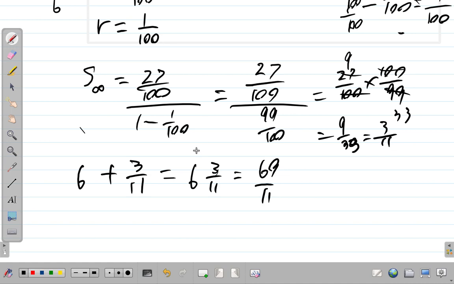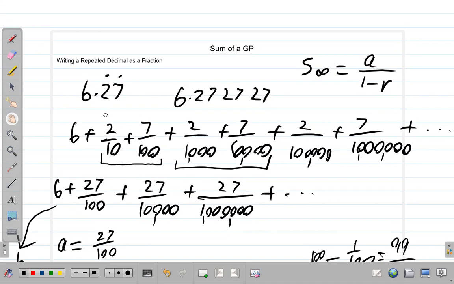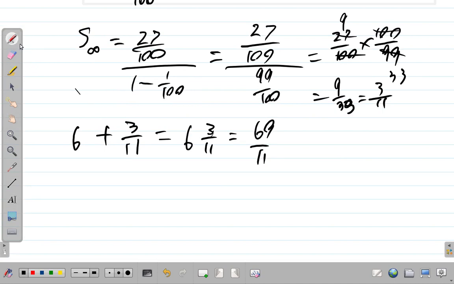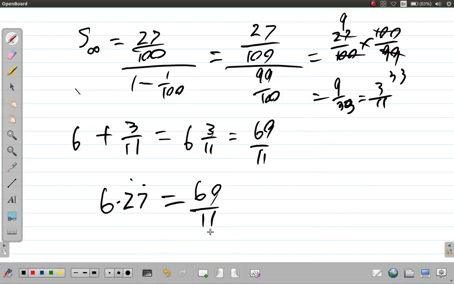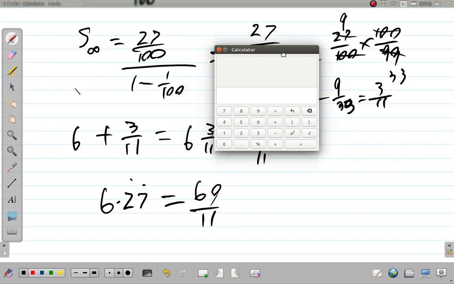So, therefore, 69/11 is what we have. So we are saying here that 6.27 repeated is equal to 69/11. We can check on it with our calculator. Let's put 69 over 11 and see if we get the 6.27, so 2727. Let me put it in basic mode.